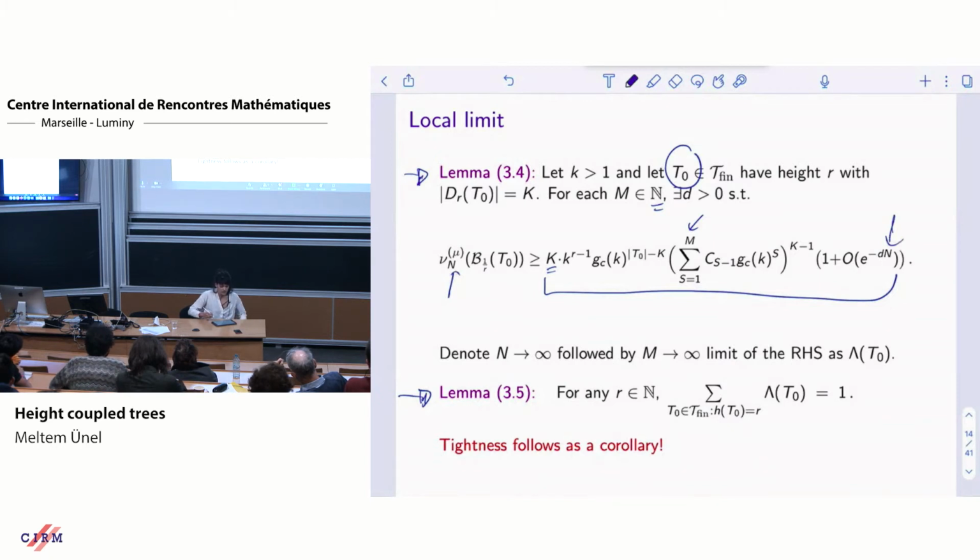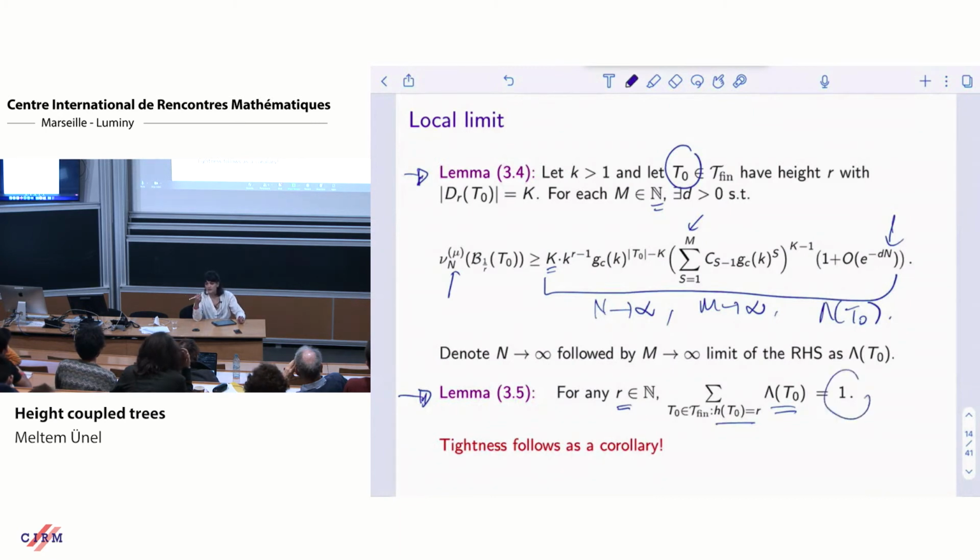So what I do is that after computing the lower bound on the ball volumes, I take the n goes to infinity limit first, and then m goes to infinity, and this limit I denote by lambda of t0. And then one can show that for any r, the sum of these lambda t0s over the trees of height exactly r sum up to 1.